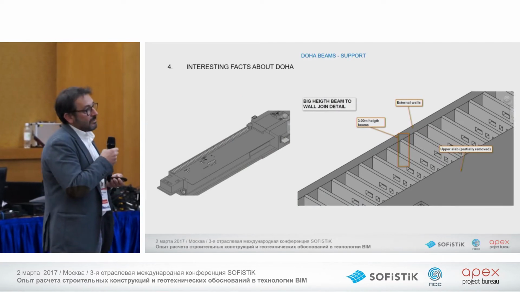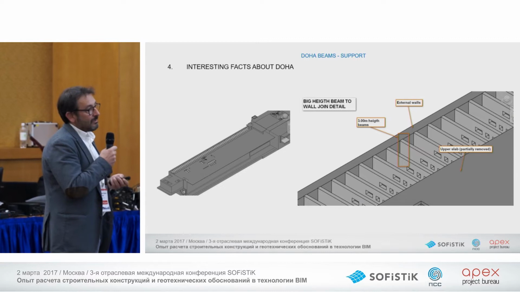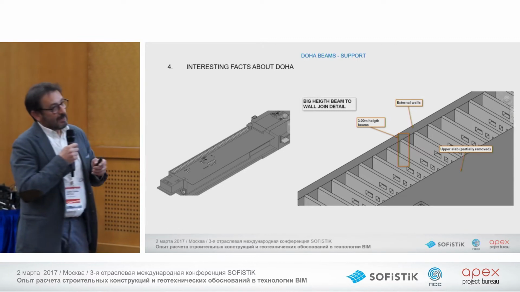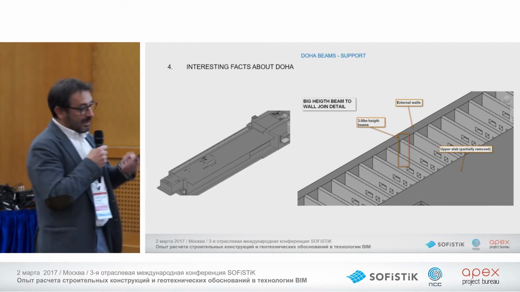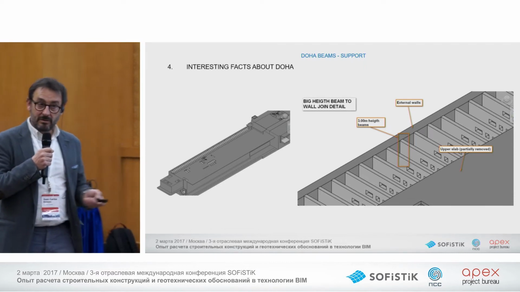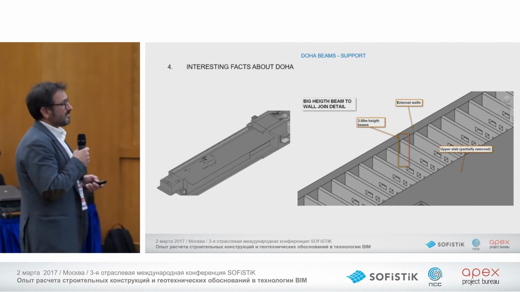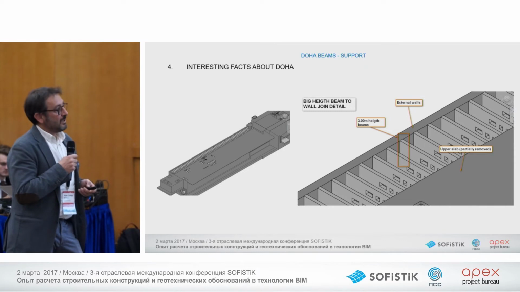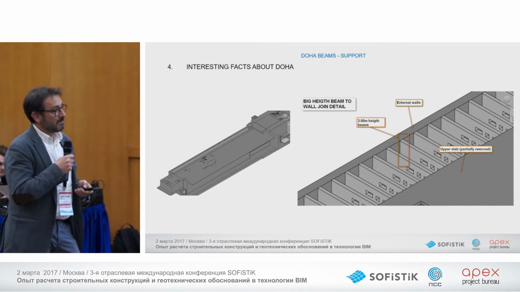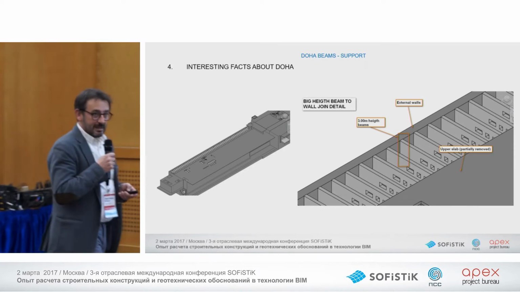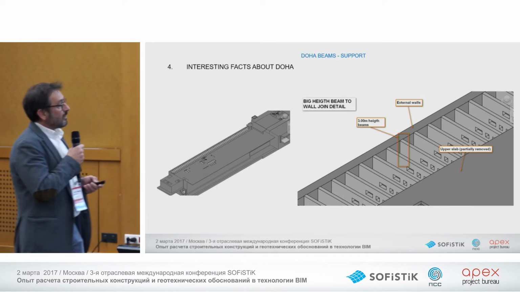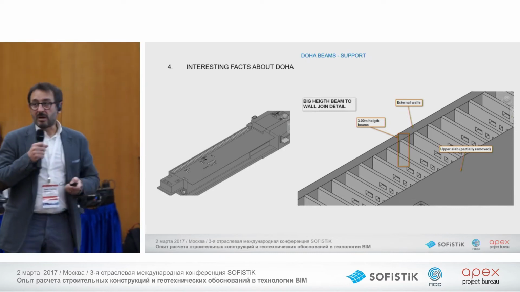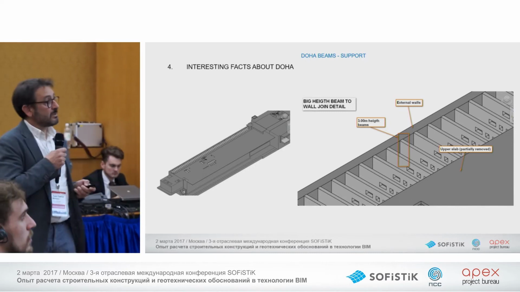Other important things is, for example, the interaction between a beam with a big depth into a wall. If you make a simple approach, you can support this beam with a fixed end in the wall, but you cannot study the real behavior of that kind of efforts.